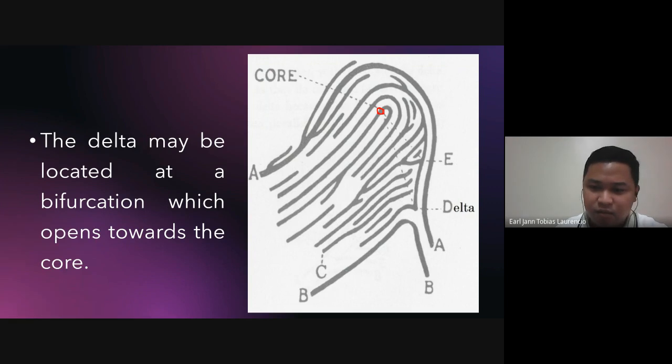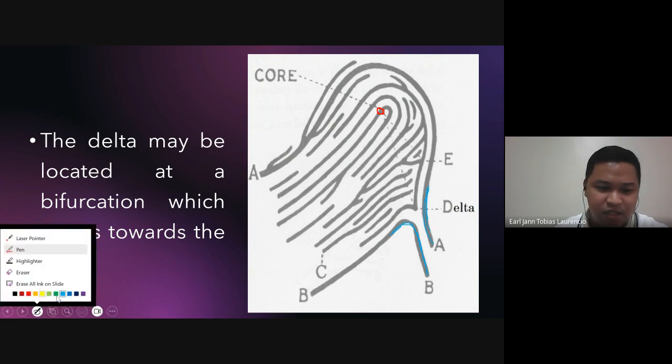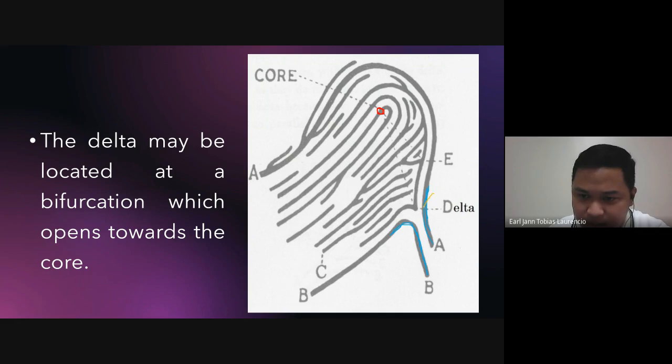Ridge A, the one with color blue, and ridge B are the type lines of the pattern. Now, at the point of their divergence, let me change the color, this one with color orange, there is a ridge characteristic in front of the point of divergence. And what is that? That is a bifurcation. Does the bifurcation open towards the core?